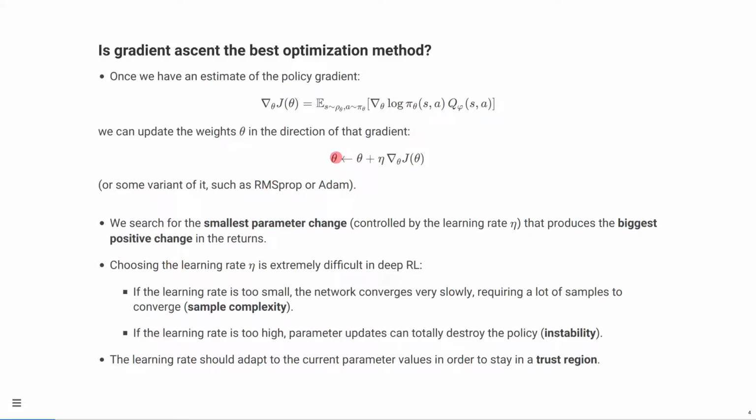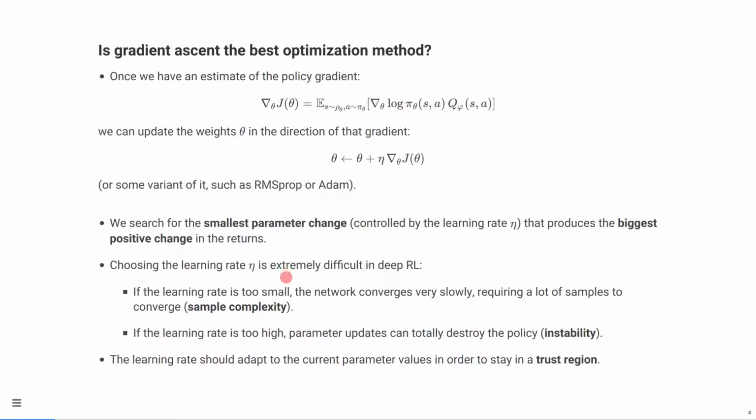to change your parameters, and what you in fact search is the smallest parameter change. It means you're using a learning rate as small as possible, so that the difference between the parameters is not too big. That produces the biggest change in the objective function. You want to change your weights just a little bit so that you get much more returns.